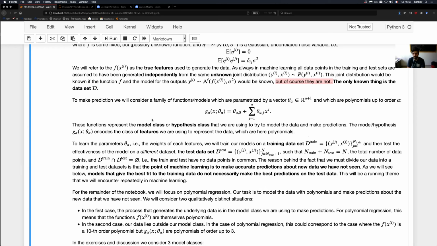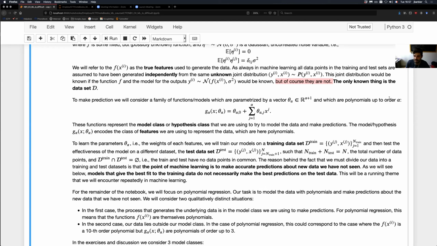So now we need to define a model class, a hypothesis class, in order to make predictions. What we will assume is one of the simplest possible classes, which is the class of polynomials up to order alpha.